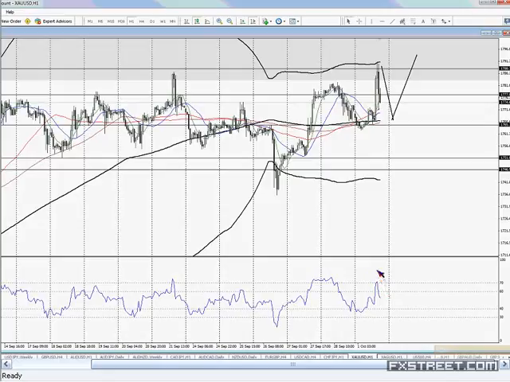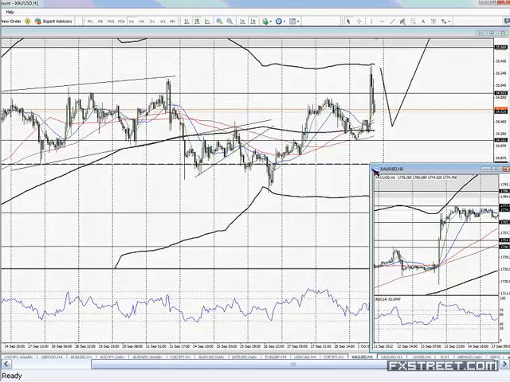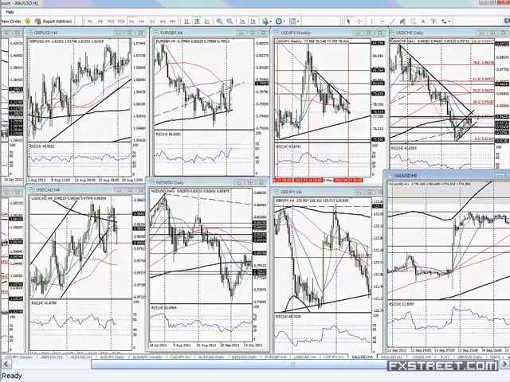All right, so that is it for today. Seems like I'm mostly on the risk on side, or the dollar weakness side, except for the euro. Except for the euro, I'm a bit bearish.